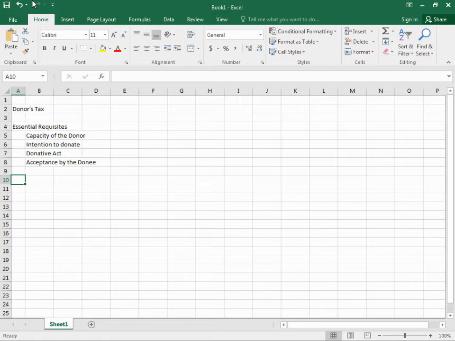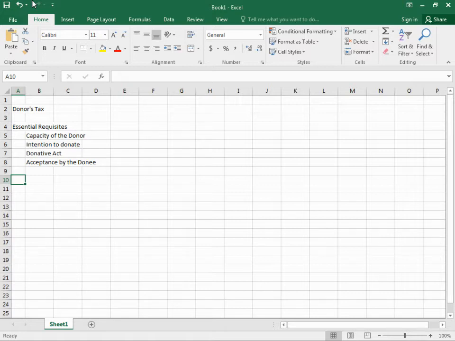Siyempre, pag tinanggap mo yung lupa na yun, it will be your property. So, it comes with responsibilities. Diba? First, you will have to pay the property taxes on that. Then, you will have to develop that property, or you should take care of that property.